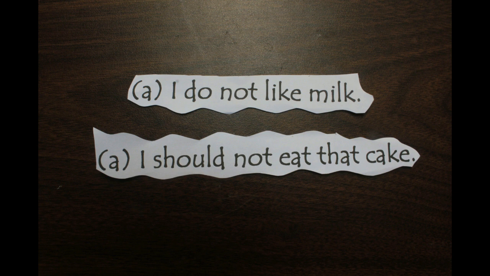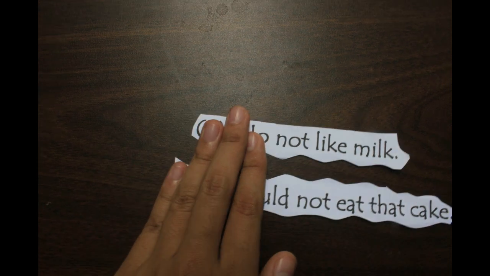It has to be there because main verbs such as like cannot be negated directly. So you cannot say I like not milk, as shown by the second sentence. However, auxiliaries are directly negated by not: I should not, rather than I do not should.